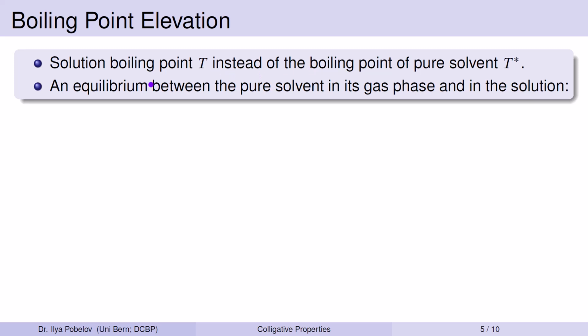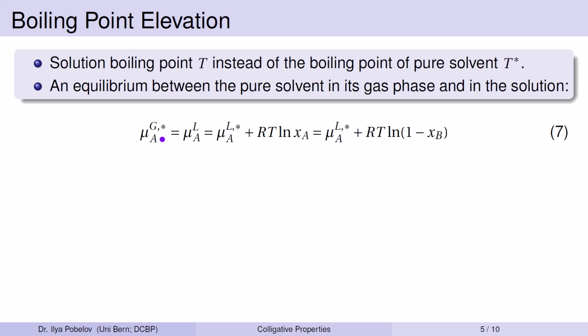This difference arises due to an equilibrium that is established between the solvent in its gas phase and in the solution. At this equilibrium, the chemical potential of the solvent in the gas phase is the same as the chemical potential of the solvent in the solution.